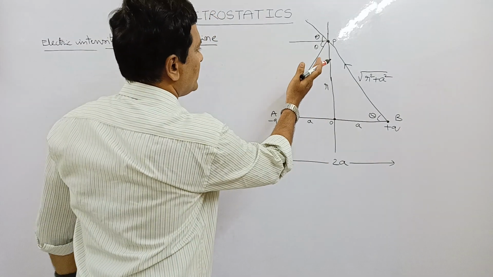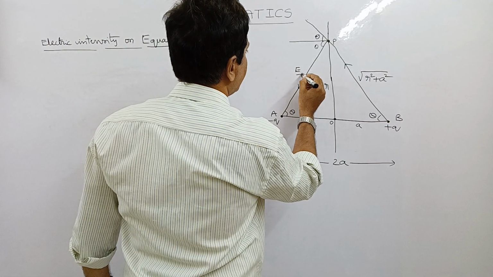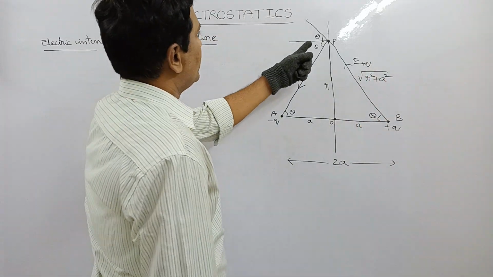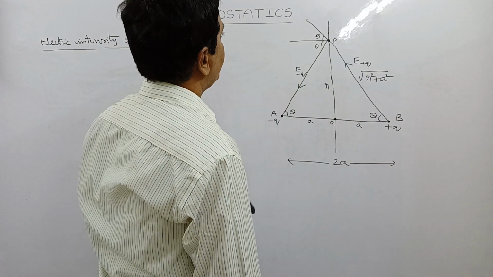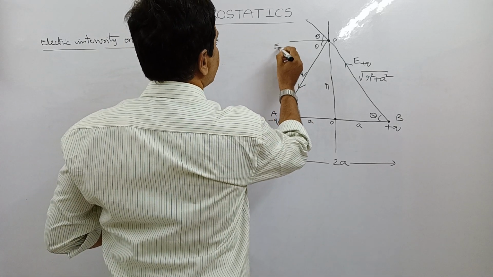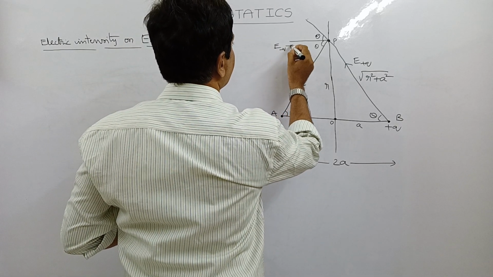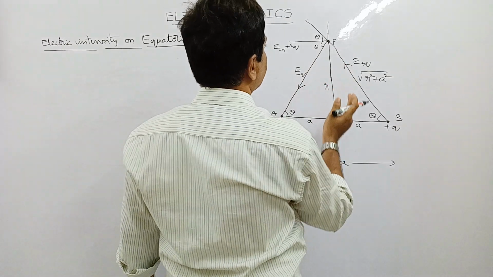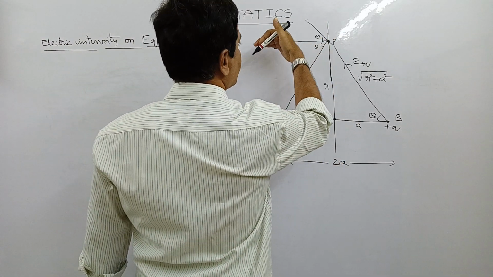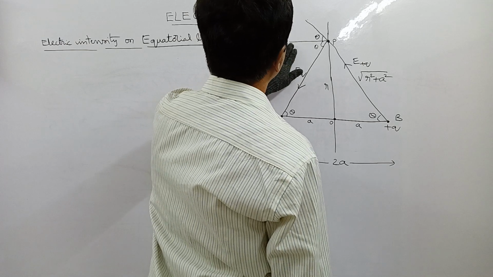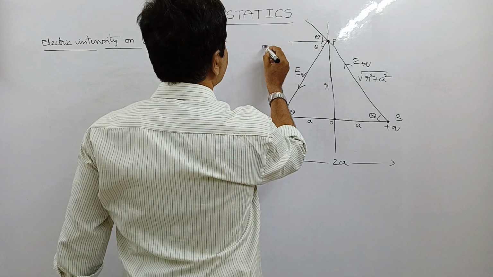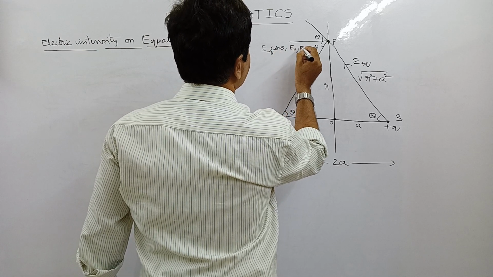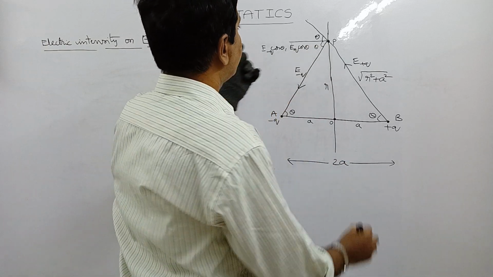This is E minus Q, and in this direction this is E plus Q. The resultant in this direction will be E minus Q plus E plus Q. Taking the components, this is E minus Q cos theta, and E plus Q cos theta; both act in this direction.